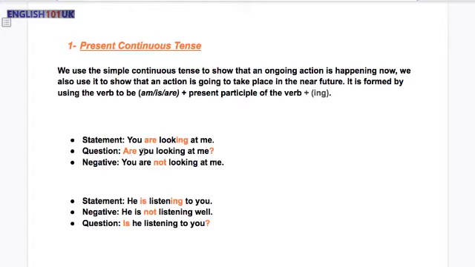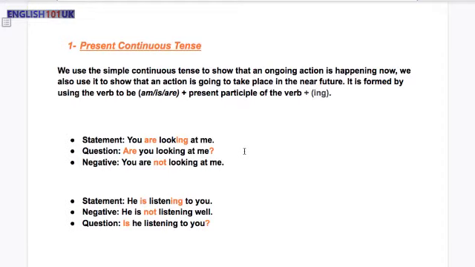In this case, we have, are you looking at me? Question mark. How about the negative? It's so easy. We have you are, then you have the form not, and then looking at me. So this is how we form the present continuous tense in a statement, question, and negative.